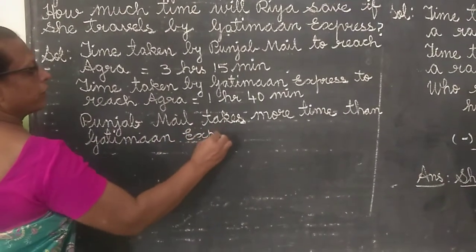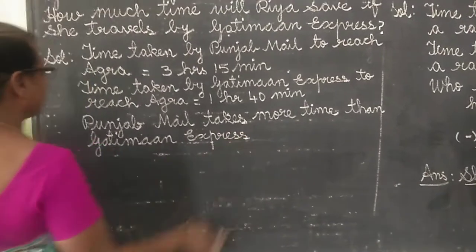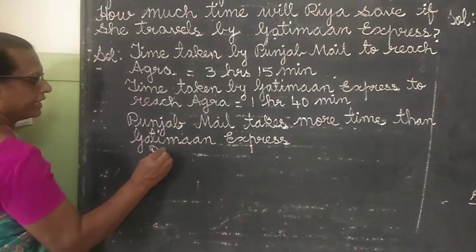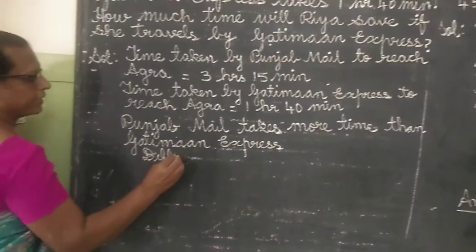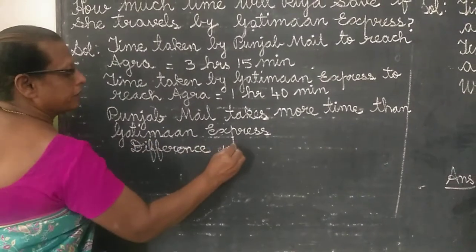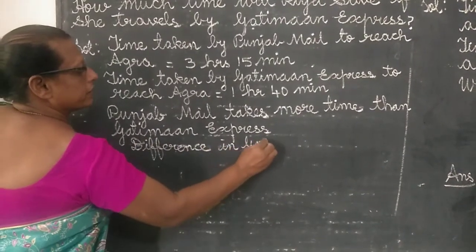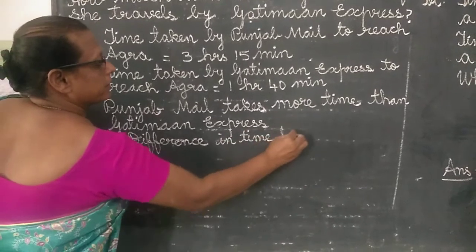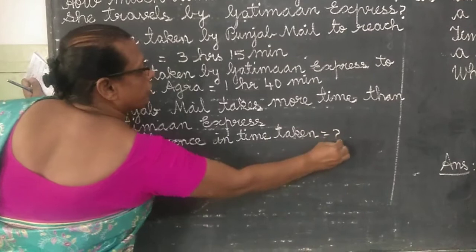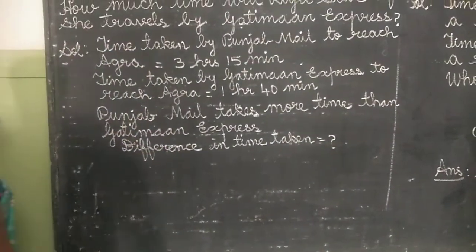So we have to find out how. What do you have to write first, children? We have to show the difference in time taken. So we are going to find the difference in time taken.